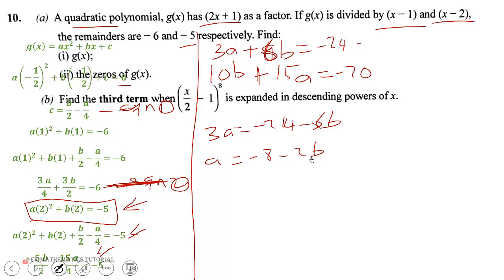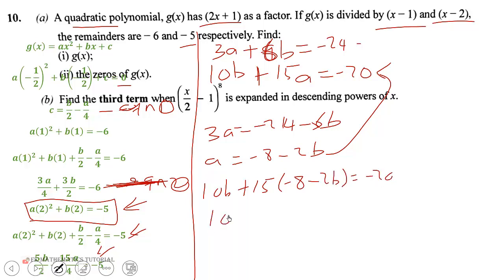So when we put this here, we will get 10b plus 15 into brackets negative 8 minus 2b is equal to negative 20. So 10b minus 120 minus 30b is equal to negative 20.